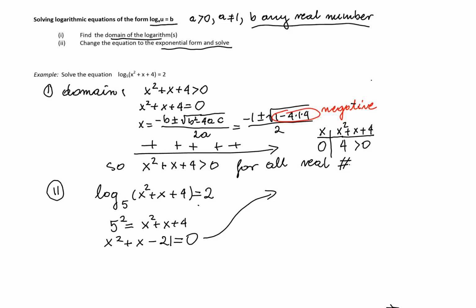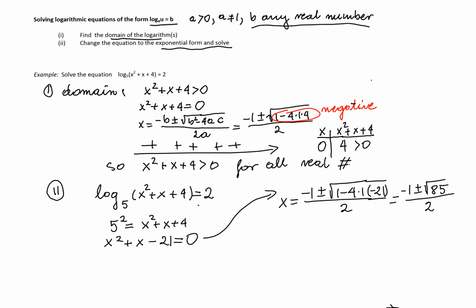That equation again will not factor, we'll have to use the formula. So x is equal to negative b, which will be negative 1, plus or minus square root of b squared, which is 1, minus 4 times 1 times negative 21, over 2 times 1, which becomes negative 1 plus or minus, within the radical we have 85, over 2.